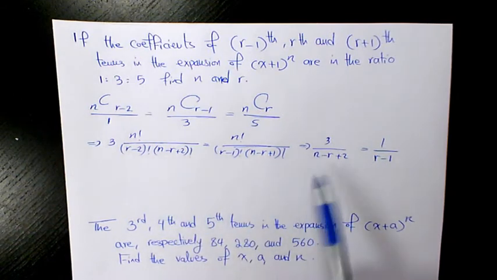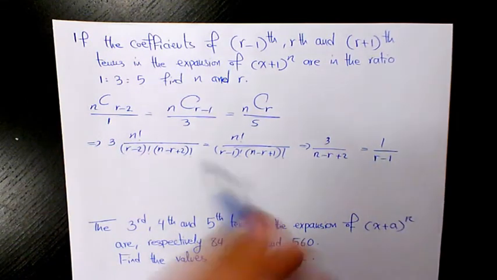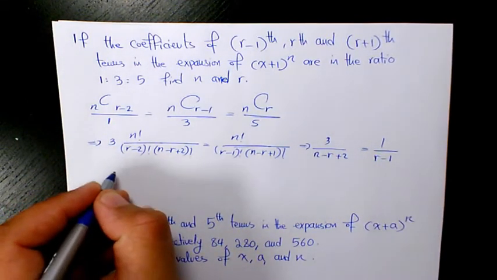So that's why it cancels out, and 3 over n minus r plus 2 equals 1 over r minus 1.